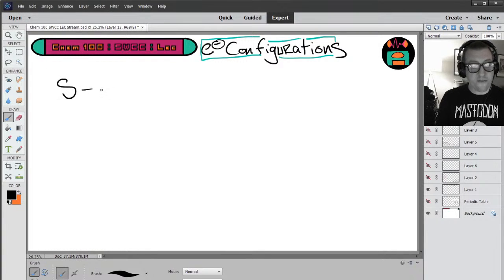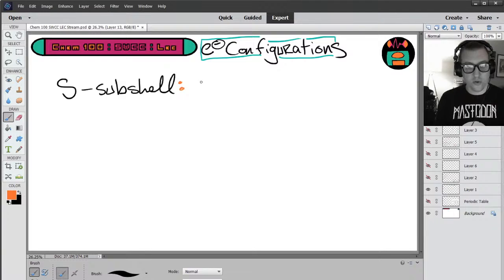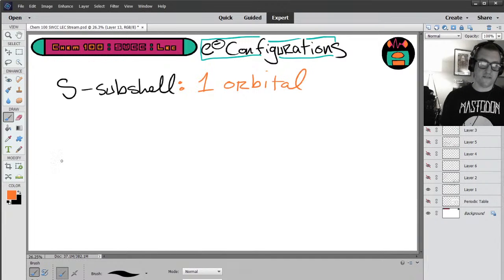Now, every S subshell has 1 orbital. There's always 1 orbital in the S subshell.